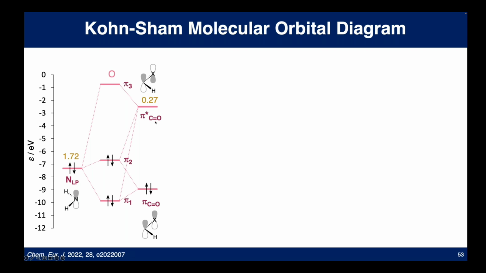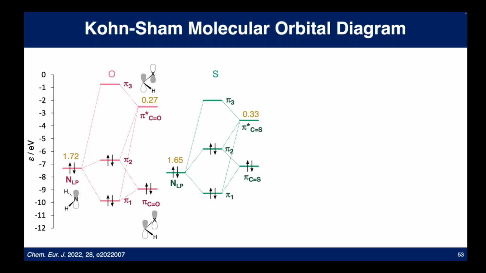So when we show this also for sulfur and for selenium, we see that the same happens. And in our program, you can see how much of a charge, so how many electrons actually are in the lone pair after the bond formation. So after the bond formation, there is charge going to the CO, almost 0.3 electrons. And for sulfur, it's even more than 0.3.